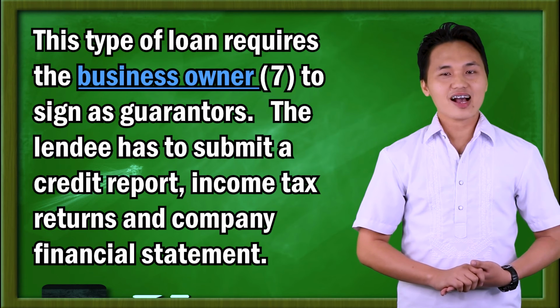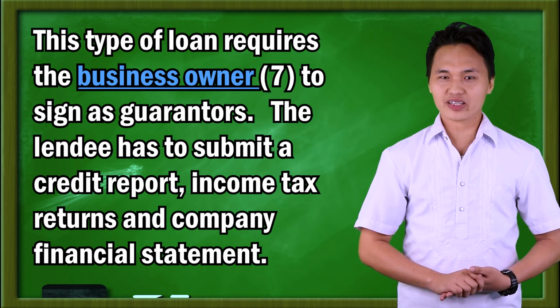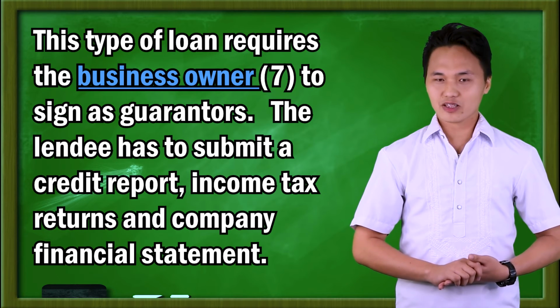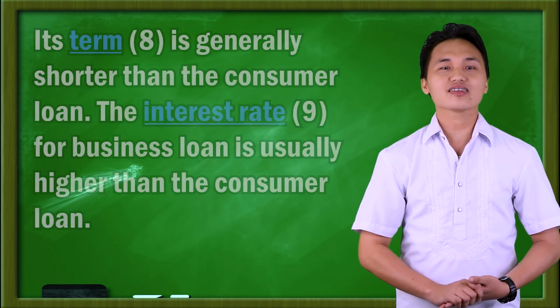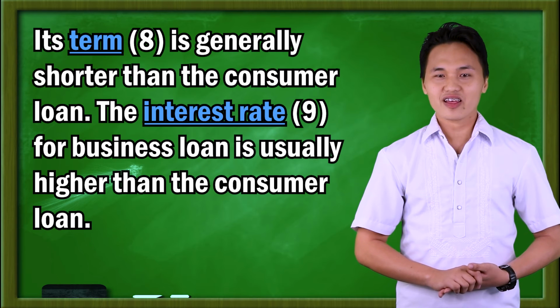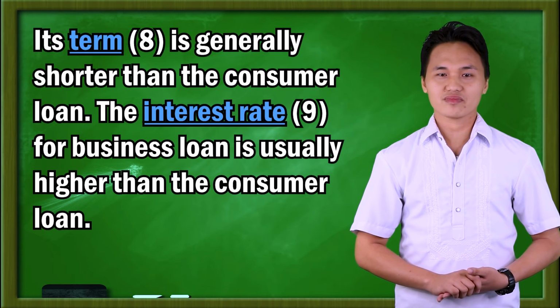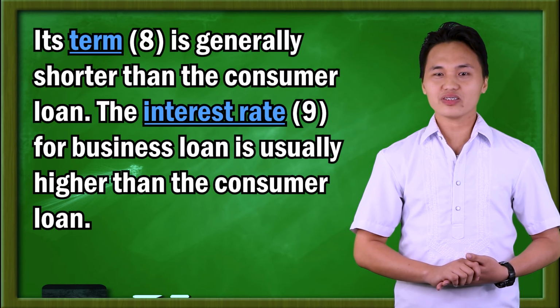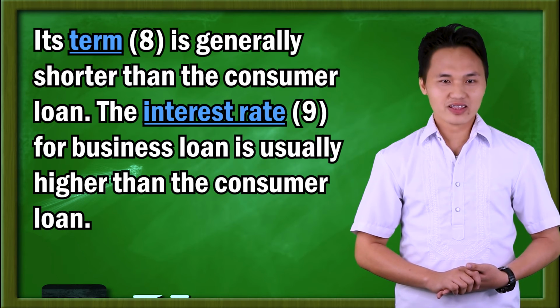The lendee has to submit a credit report, income tax returns, and company financial statements. Its term is generally shorter than the consumer loan. The interest rate for business loan is usually higher than the consumer loan.